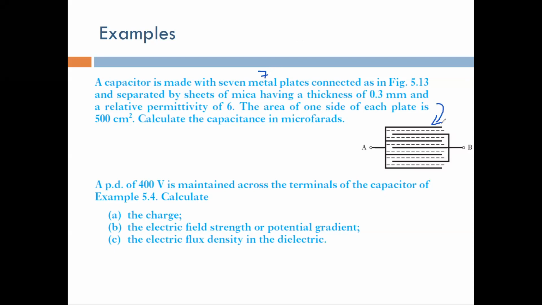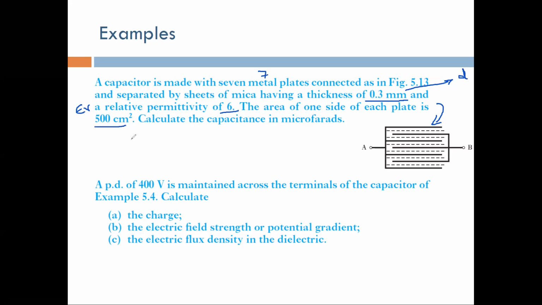I actually placed exactly the same figure that was in the previous page, separated by sheets of mica having a thickness of 0.3 millimeter. This is D, the separation distance. And you have the relative permittivity, epsilon R, given as 6. The area is given as 500 centimeters squared.